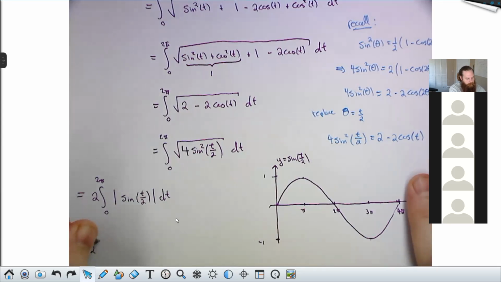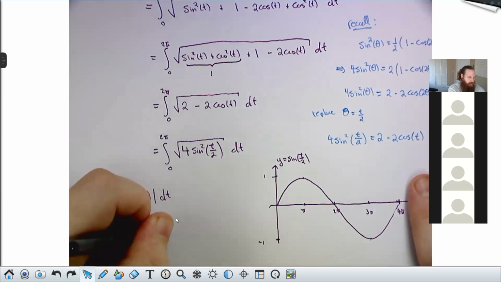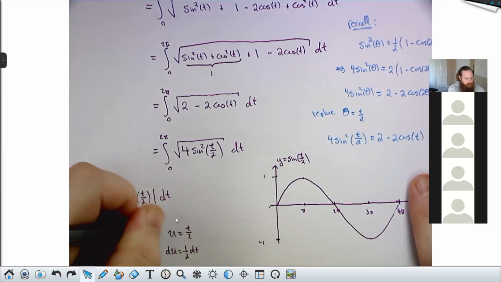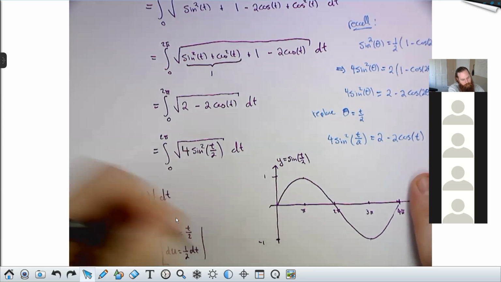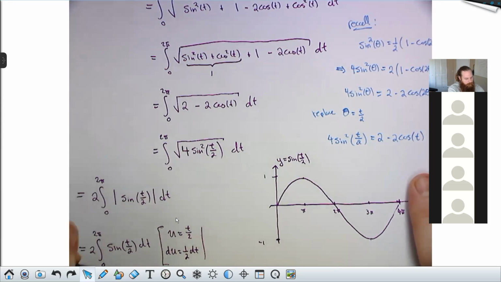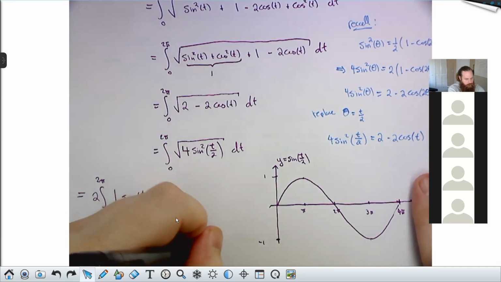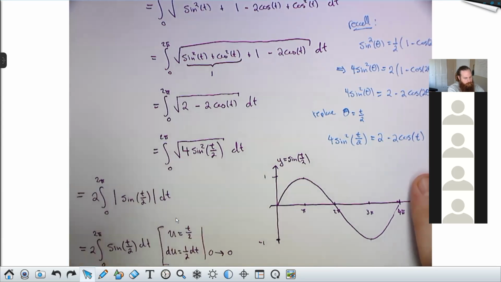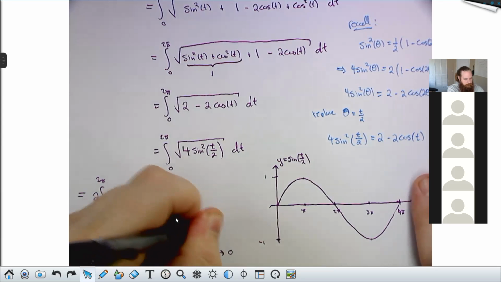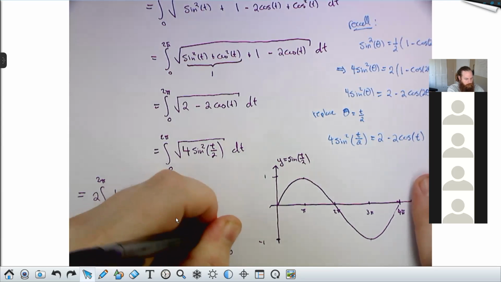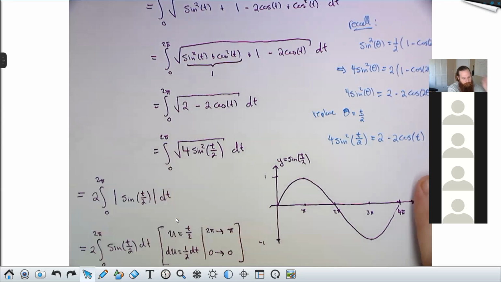This is just 2 times the integral from 0 to 2 pi of sine of t over 2 dt, and you make a little substitution, u equals t over 2, du is 1/2 dt. Your bounds will change. When t is equal to 0, u is 0 over 2, so that stays 0. When t is equal to 2 pi, u is 2 pi over 2, that's just pi.